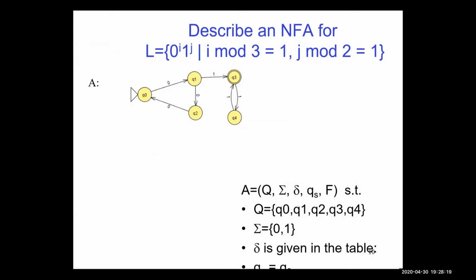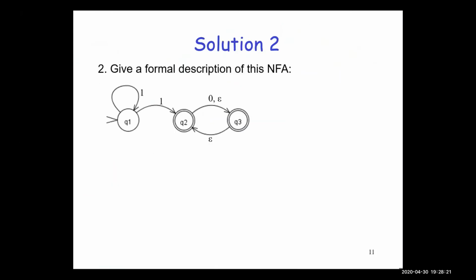Do we need to add a column for the epsilon? Yes. Since you have epsilon in your drawing, when you draw the transition function, you should also mention not only 0, 1, but also epsilon. So let's do it together.